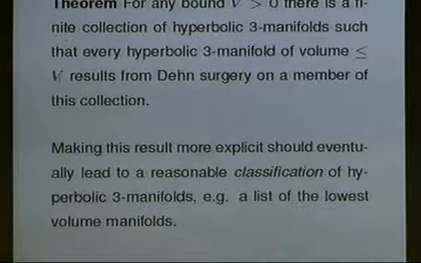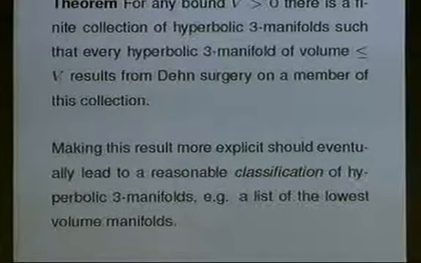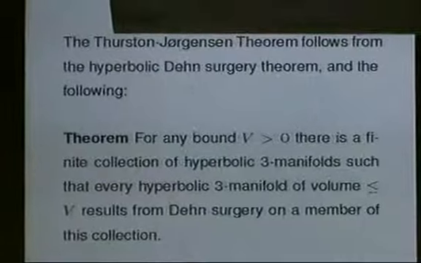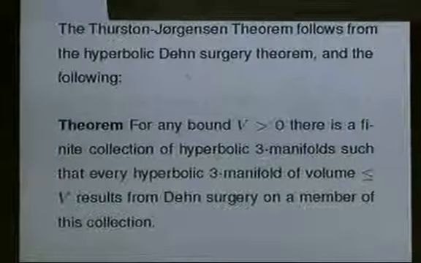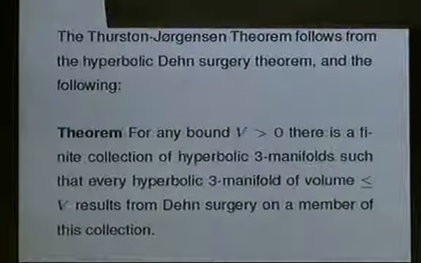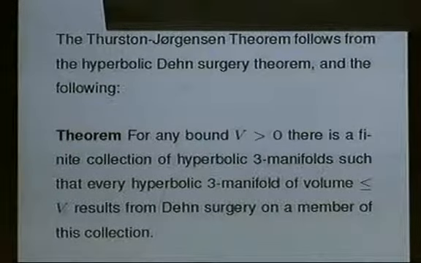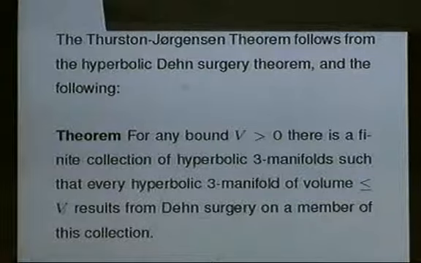It says if you fix some number, say v greater than 0, you can find a finite collection of cusped hyperbolic 3-manifolds, so that every 3-manifold of volume less than or equal to v comes from Dehn surgery or Dehn filling on one of this finite number of cusped manifolds.